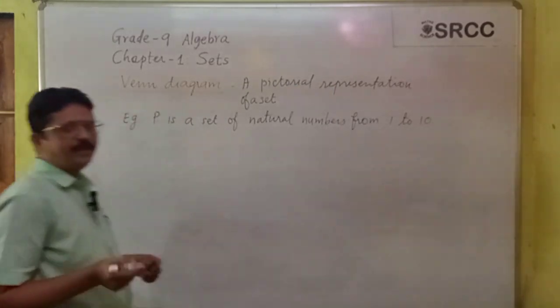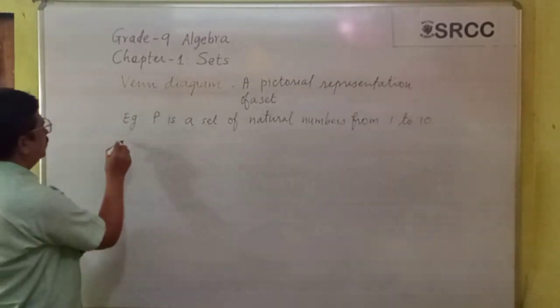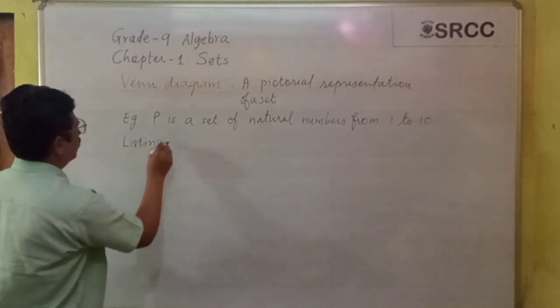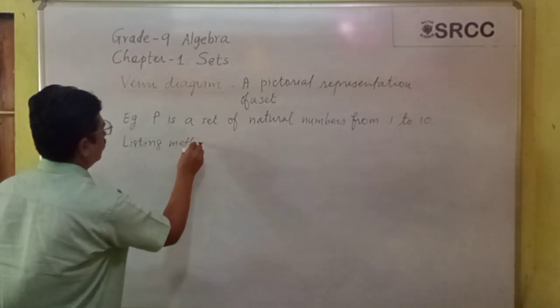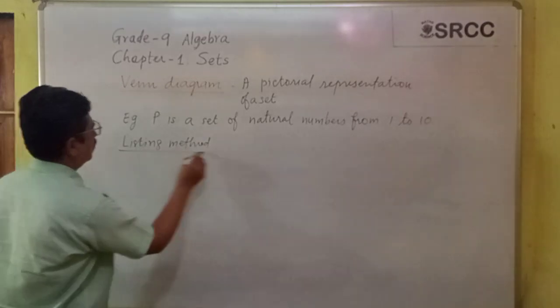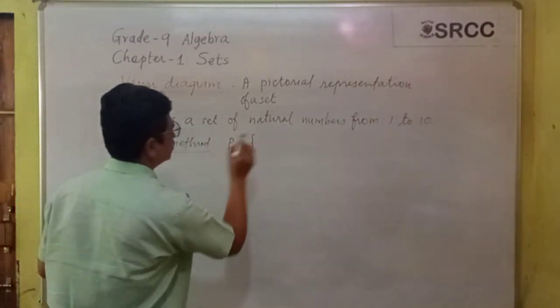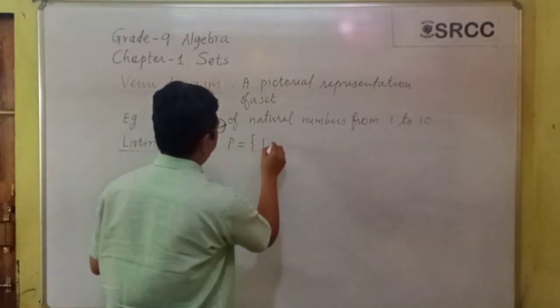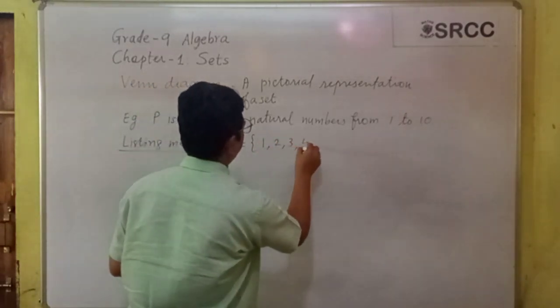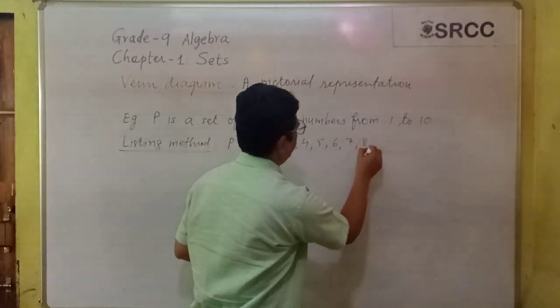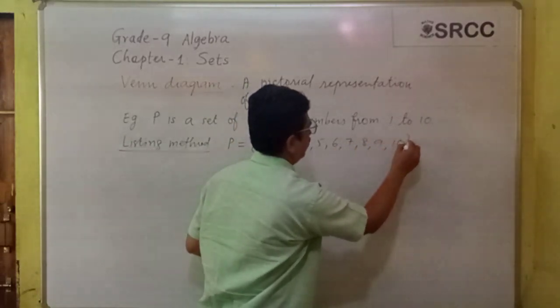So, by using listing method, we can write P equals 1, 2, 3, 4, 5, 6, 7, 8, 9, 10.